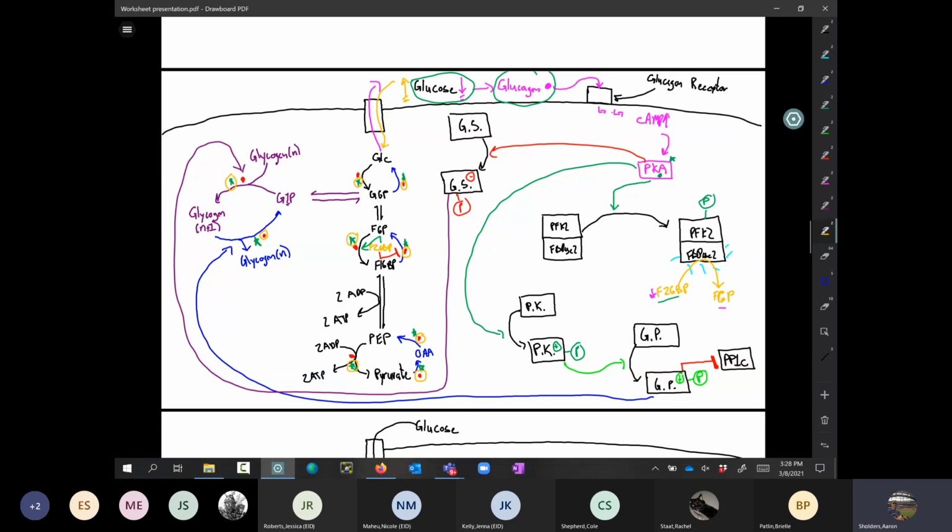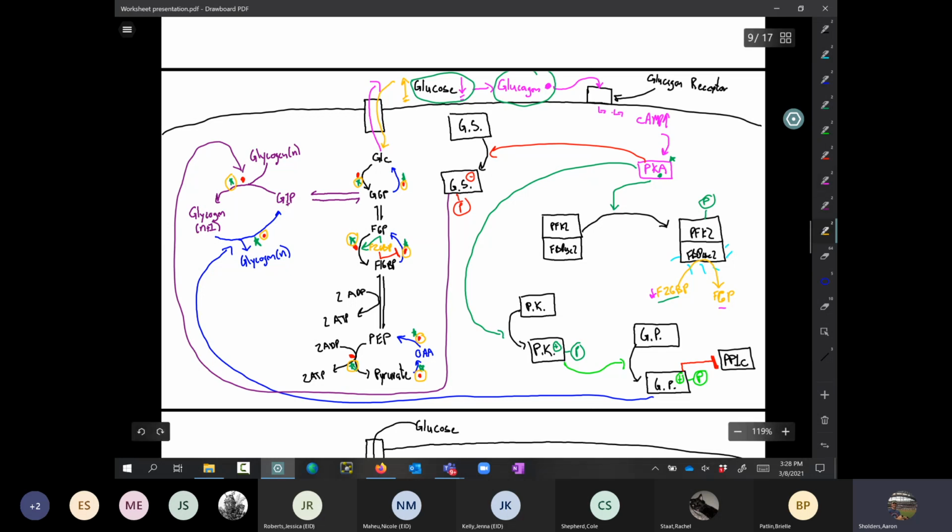Okay, now this is where our diagram becomes headache inducing. Some of you say, oh, that's right, it wasn't headache inducing already. So let's see here. All right, let's do this. Okay, glucose concentrations go up and they're going up on the outside of the cell.